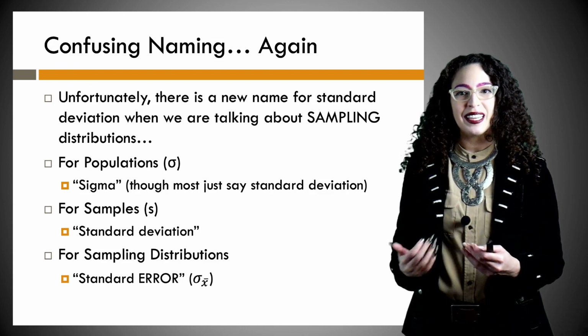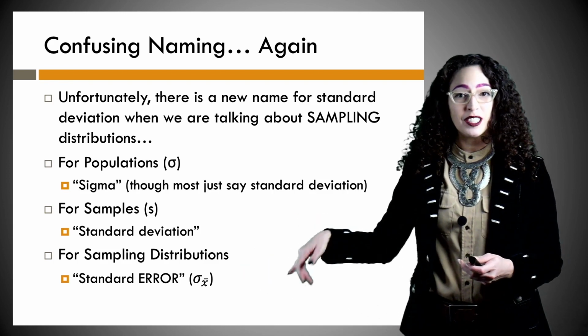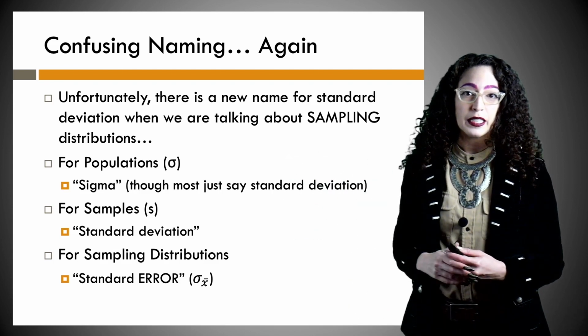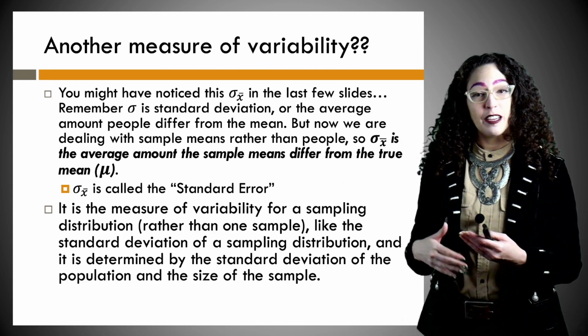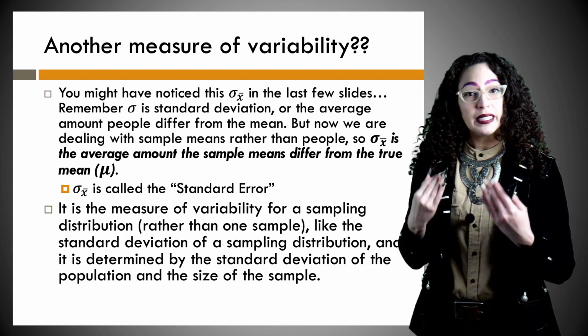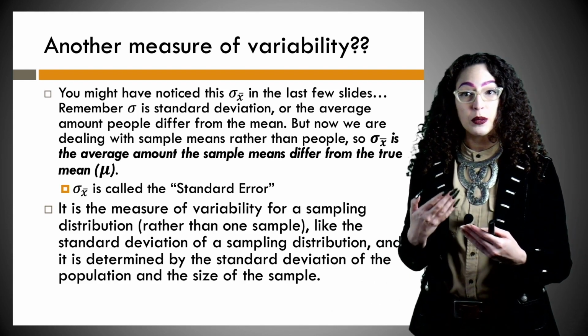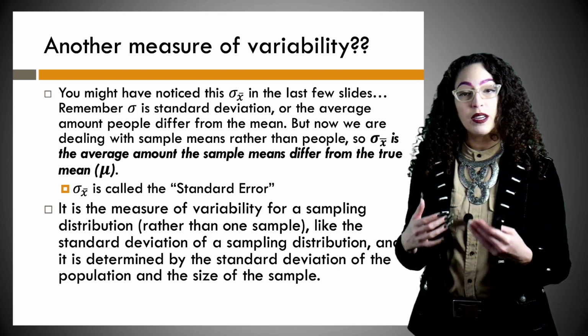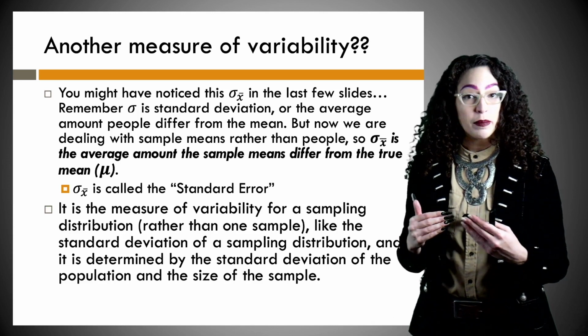Now we're dealing with this thing called standard error, which is very similar to standard deviation for populations and samples, but a little different. So let's see how it's different. I've been using the sigma sub x bar in the last few slides. Remember that sigma is the standard deviation, or the average amount people differ from the mean for a population. But now we are dealing with sample means rather than people.